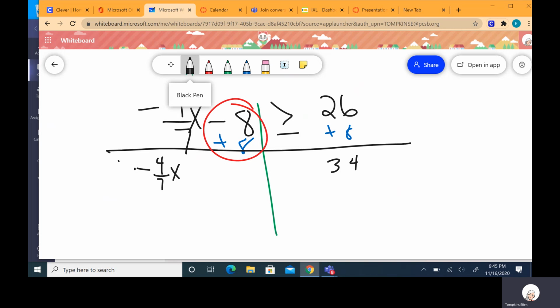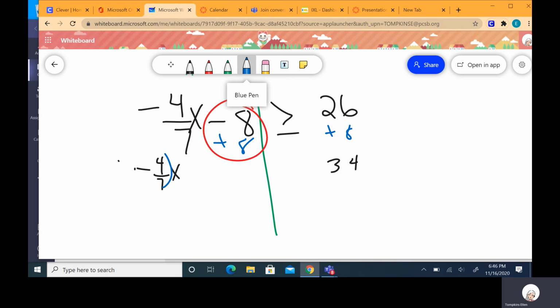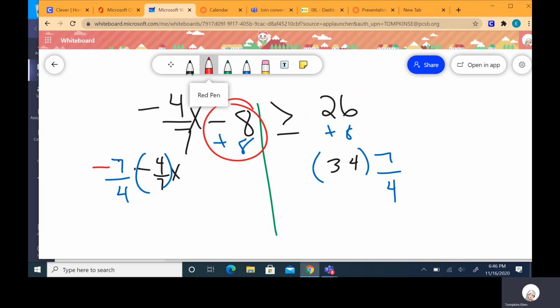Okay. Now, I need to go ahead and unhook that fraction off the x. So I'm going to erase that. That's terrible. Okay. Multiply on both sides by the reciprocal, in this case 7 over 4. 7 over 4. And I'm going to make sure I bring that negative sign with me.